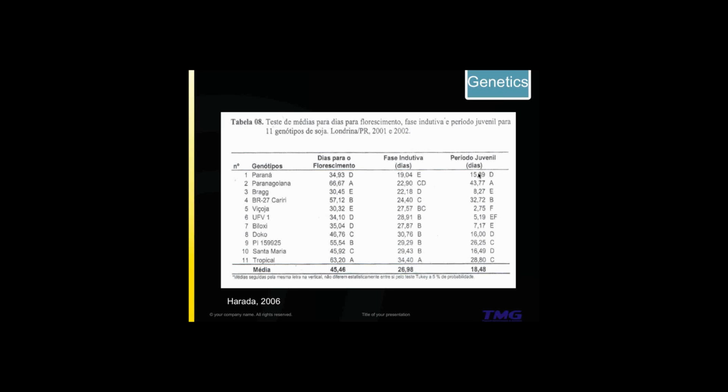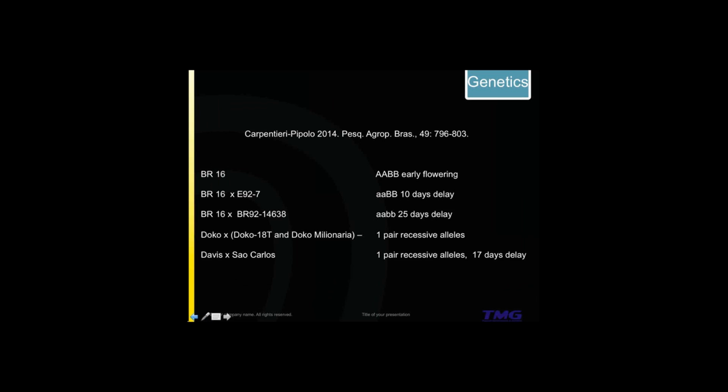Great. If I can jump in, because that segues to the question I want to ask. I'm hoping to understand at the end of this workshop the speculation about the interaction of the long juvenile trait and the E genes. You showed a slide from Carpentieri Pipolo, showing different alleles, the same group that proposed 2 E genes.